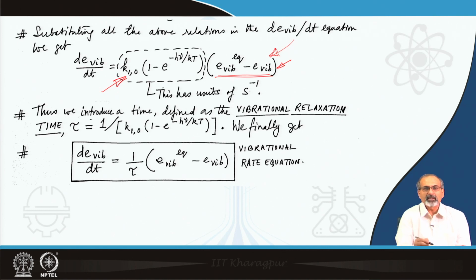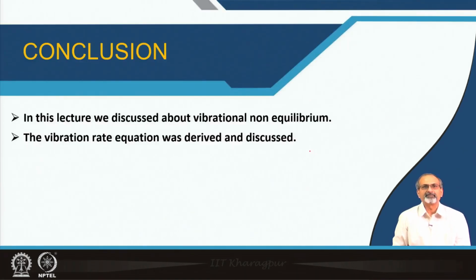Thus, based on that, we introduce a time scale which is called the vibrational relaxation time, and we define it by tau. That is introduced over here, and what we come up with is a very important equation, which is the vibrational rate equation that we set out to derive. Now, we will discuss more about this equation in the weeks to come. We just went through the derivation here.